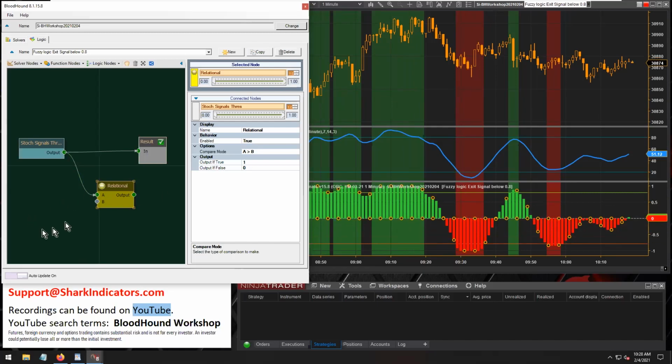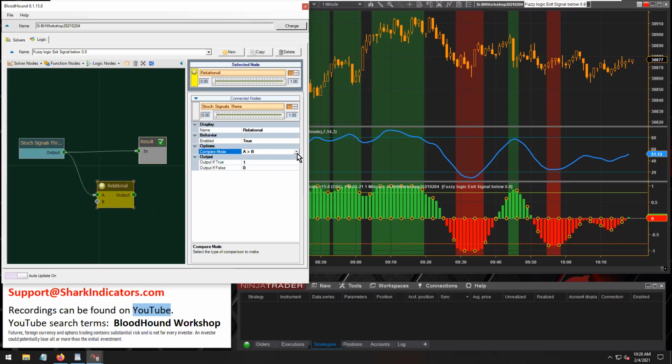So if they plug another solver in here, they think that when A greater than B, it's going to compare the long output of A to the short output of B. But no, this node is only comparing the long output of A to the long output of B. And then, of course, it's comparing the short output of A to the short output going into B here.